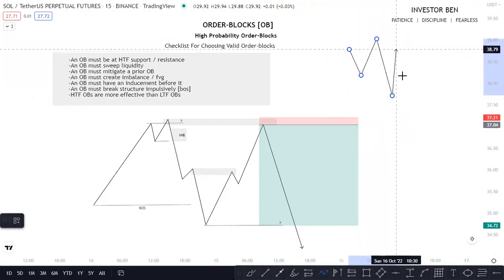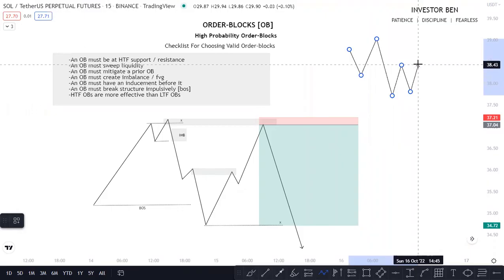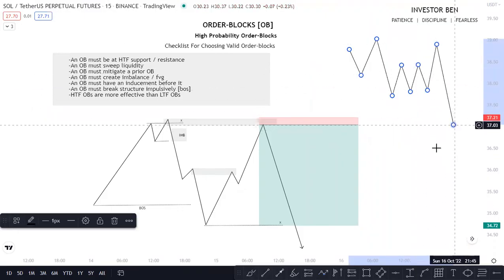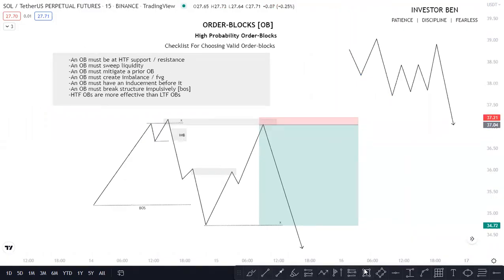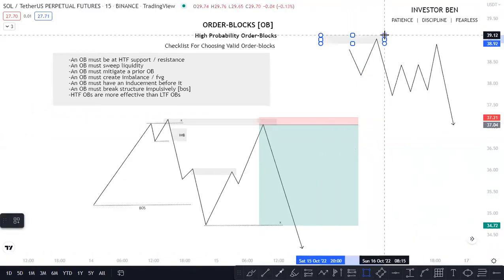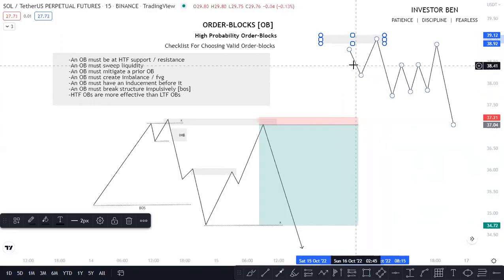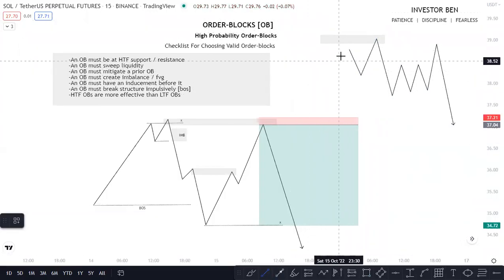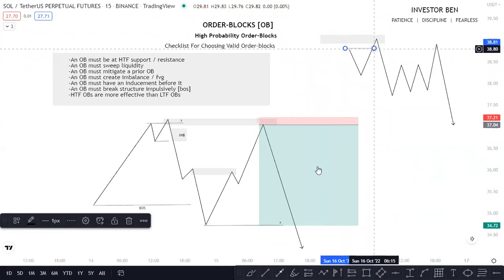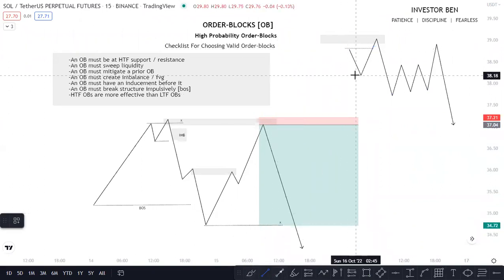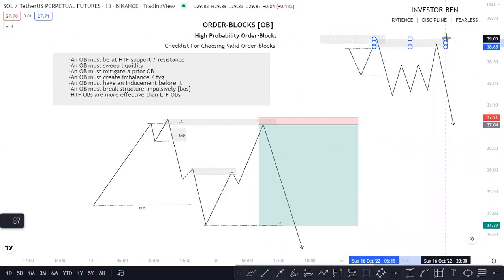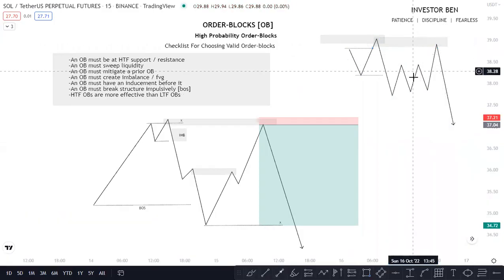This change of character may be coming from another supply zone, a supply zone of maybe any time frame at all. And then we have price giving you your complete checklist for trying to trade the reversal, and you selling from this same zone, more of like another flow, right?